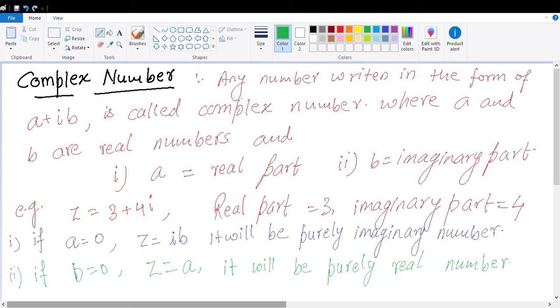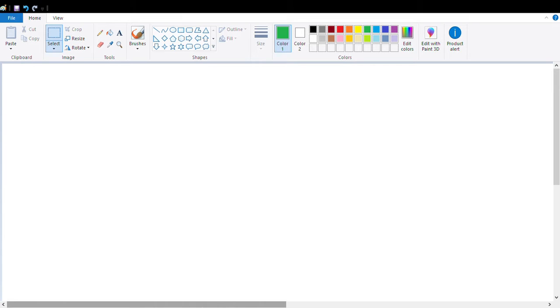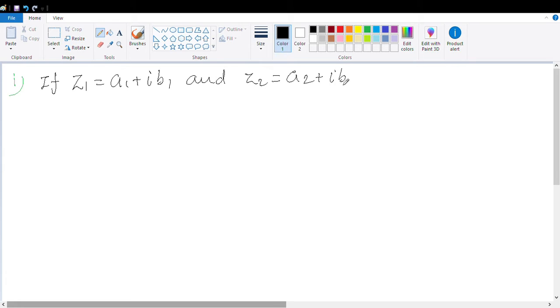Now, after this, I am going to discuss some operations on complex numbers. I am sure you will understand it easily. Firstly, I'm going to tell you about addition and subtraction. Suppose Z1, the first complex number, is a1 plus i b1, and Z2, the second complex number, is a2 plus i b2.